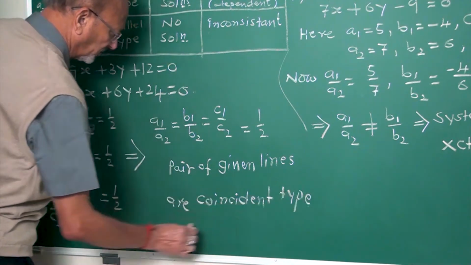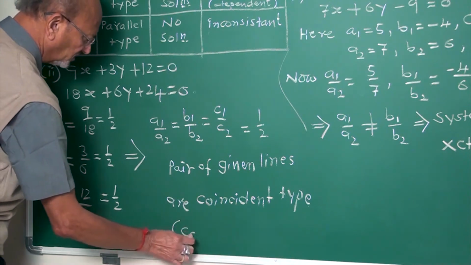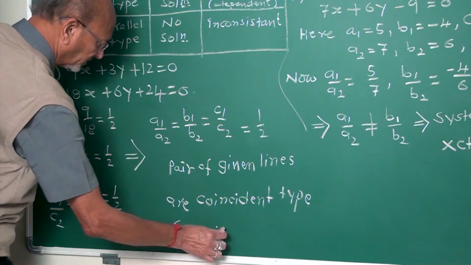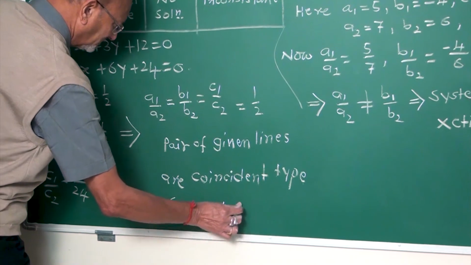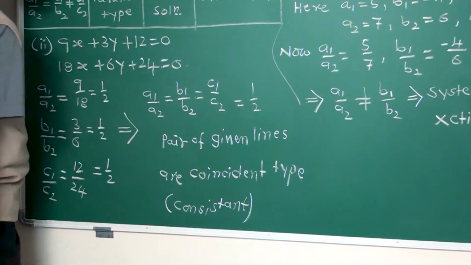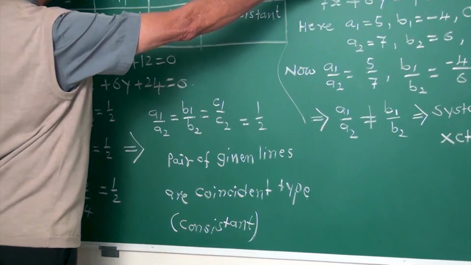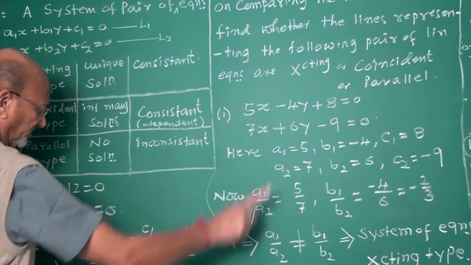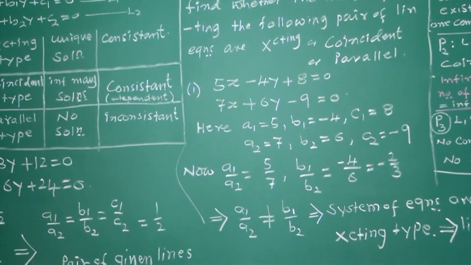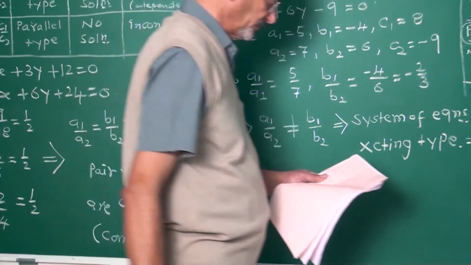Coincident type means what, my friends? Consistent, dependent. I write this inside the bracket 5. The friend wanted only this, not consistent, inconsistent. Coincident type. This is second.